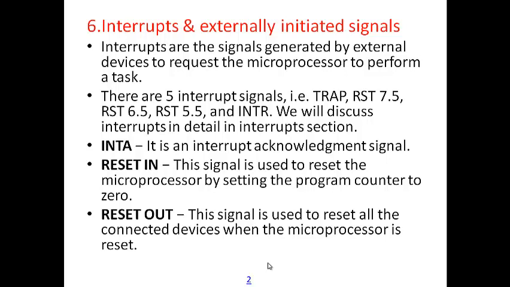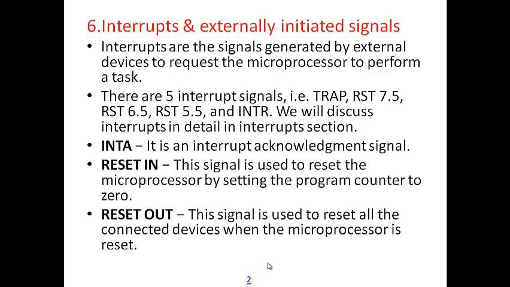We will discuss this deeply when we see interrupts separately. Then INTA is the interrupt acknowledgement signal, where the microprocessor is saying okay, I will stop and continue with your work. So it gives an acknowledgement that the interrupt is being accepted.